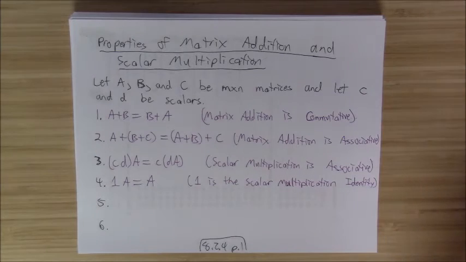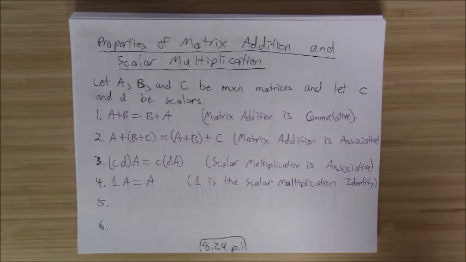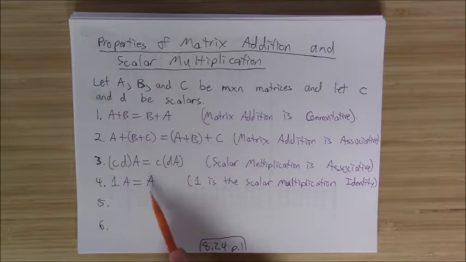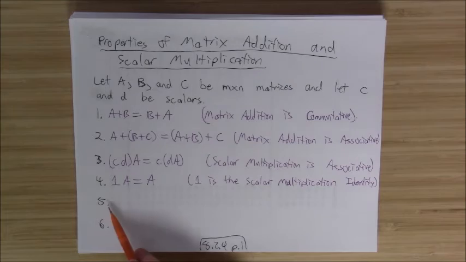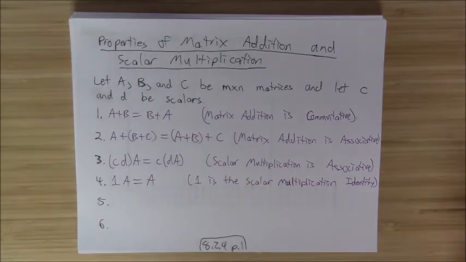Now that may seem pretty obvious, and in fact it is, but it's still really interesting because as we've learned with identities, an identity is anything that when we multiply by it, we just get back the same thing that we started with. Here, we also have two different distributive properties.